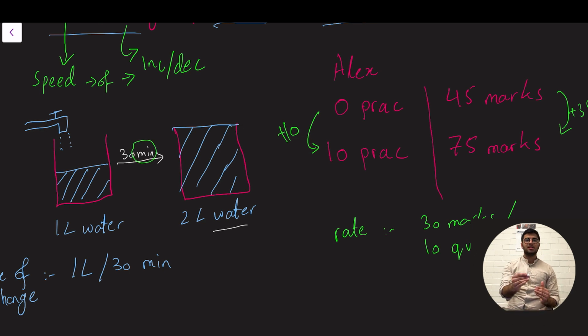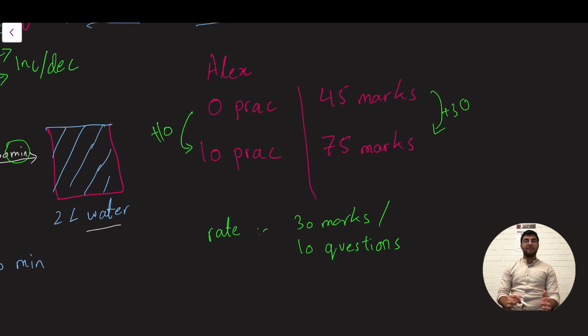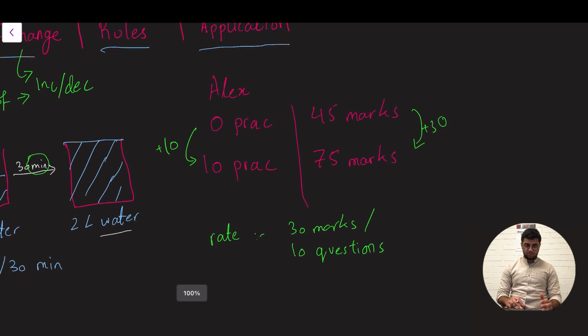As the time increases, the amount of water we get increases. Similarly here, the number of questions he does affects the number of marks. The more questions he does, the more marks he gets. So the marks are increasing relative to the practice questions. So these two quantities are also related.